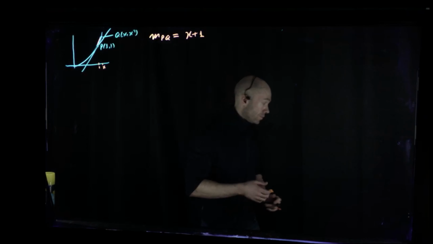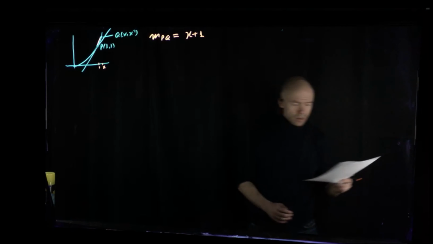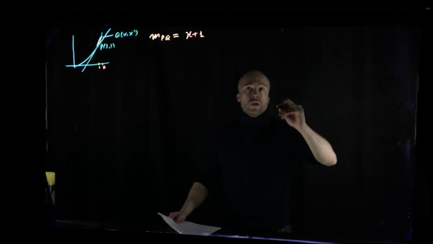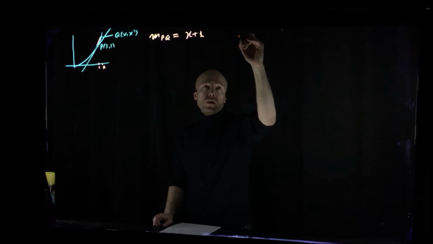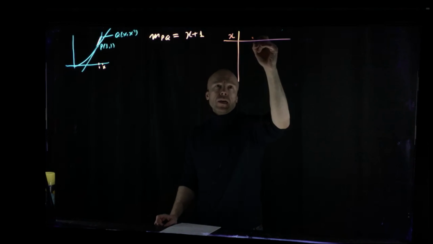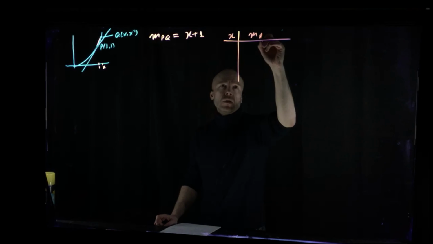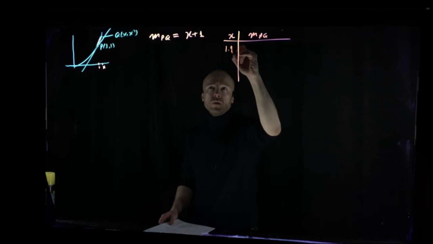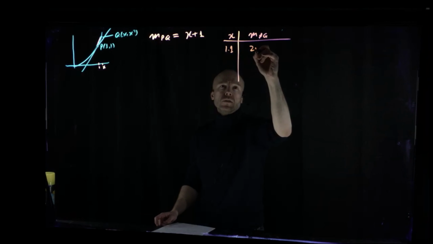Okay, so we're gonna do some just numerical investigations. So let's just create a table. So let's put x over here, and let's put the slope MPQ here. And if we put x is 1.1, I'm sure we can just read it off, it is 2.1.